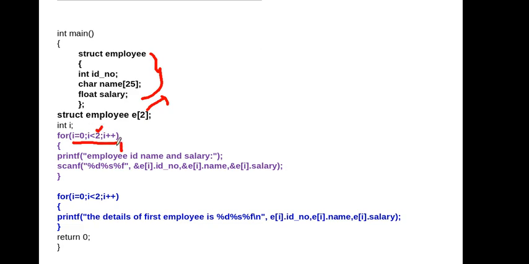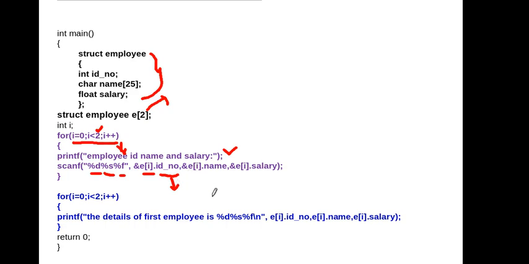The control will enter inside the loop, and first it will ask the user to enter the details of the employee. Here we are reading ID number, so %d, then name, and salary, %f. And we have written E of I. At present, what is the value of I? 0. So E of I becomes E of 0 dot ID number, which indicates the first employee's ID number.